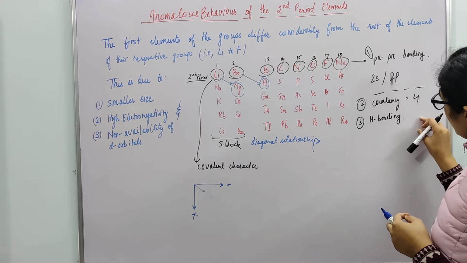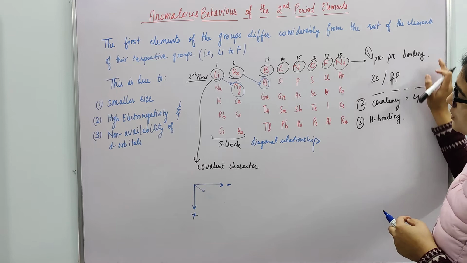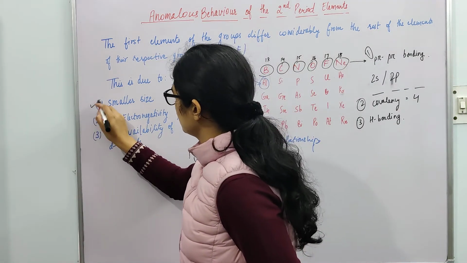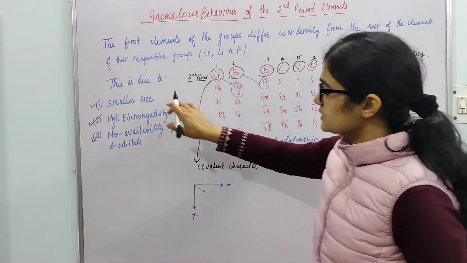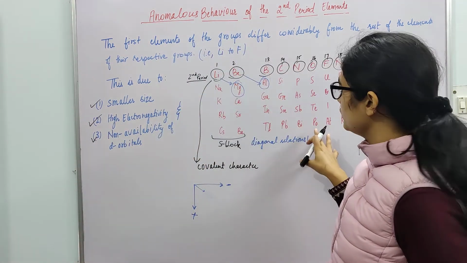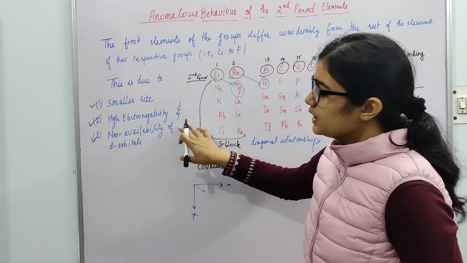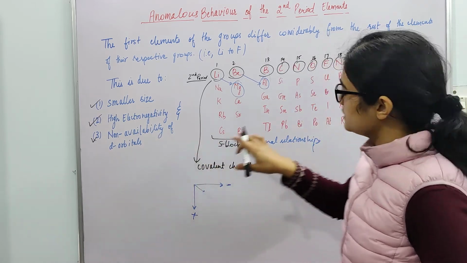Alright. These three properties are because of these three reasons. These elements have smaller size as compared to the remaining elements of the group, higher electronegativity and non-availability of d orbitals.